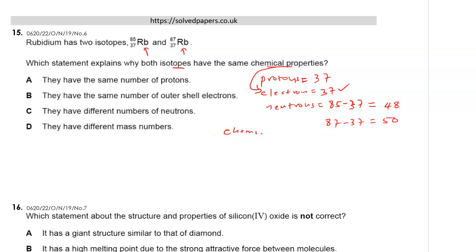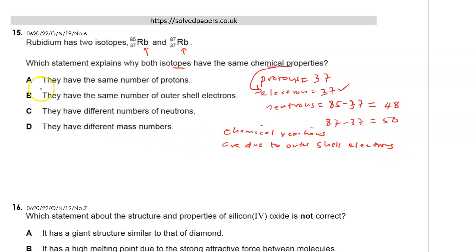Chemical properties are due to chemical reactions. Chemical reactions are due to the number of the outer shell electrons, and they have the same outer shell electrons, so they will have the same chemical properties.